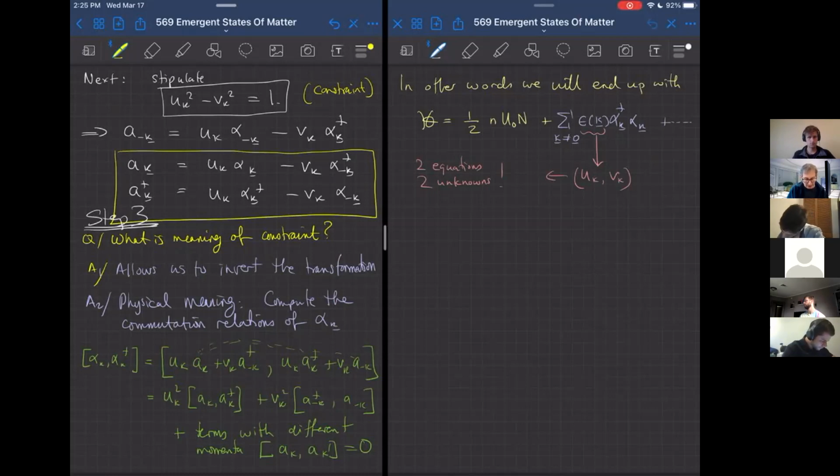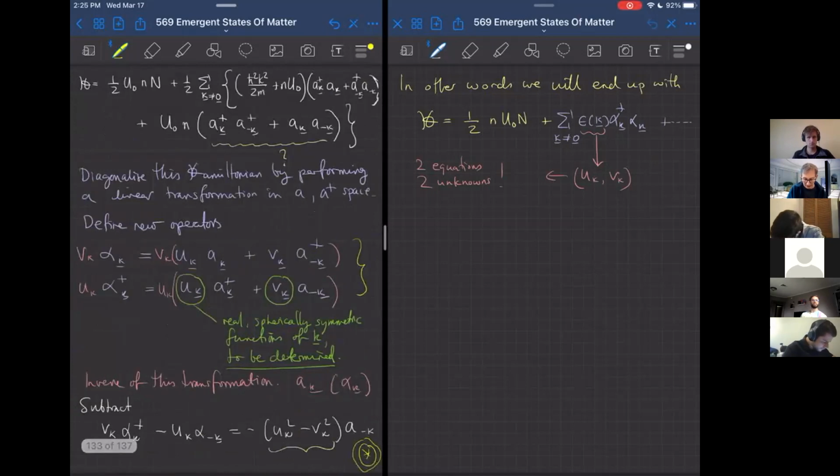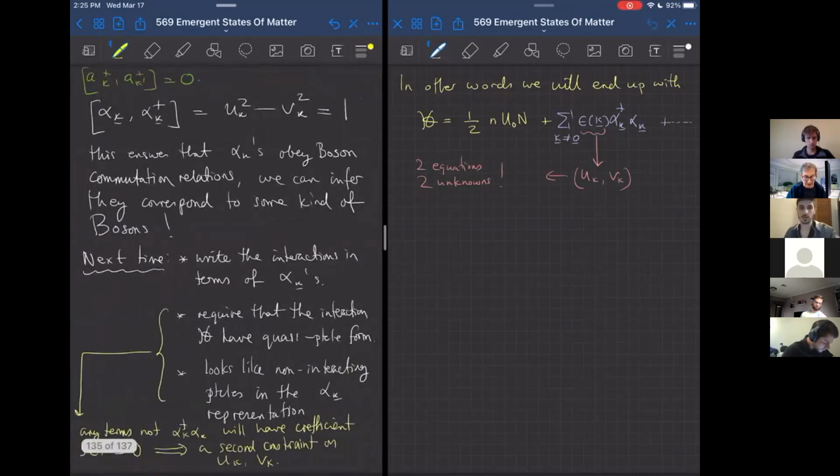So what we did was we just plugged in, we took our definition of alpha, as you see here in the middle of the page, took the definition of alpha with u and v as they are, and just simply calculated the commutator alpha alpha dagger. And what you can see, just by using the rules of computation, is that alpha alpha dagger is just equal to uk squared minus vk squared.